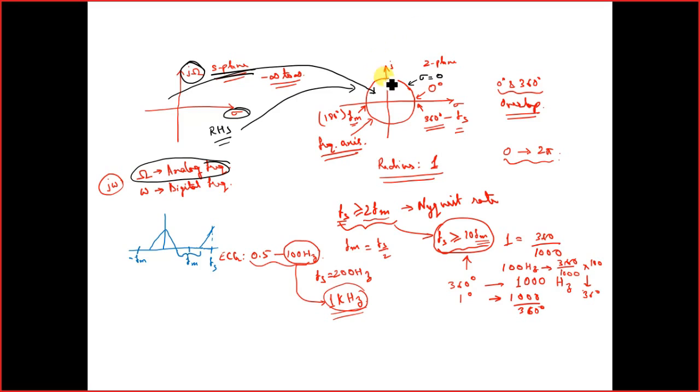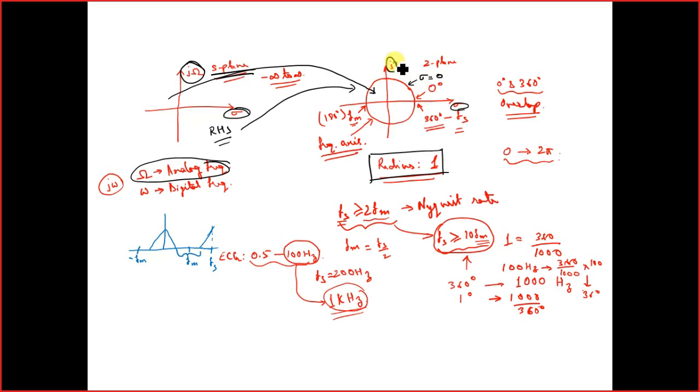Now in the z plane, on the real axis we have real z, and on the imaginary axis we have imaginary z, and then we have a unit circle whose radius is equal to 1.